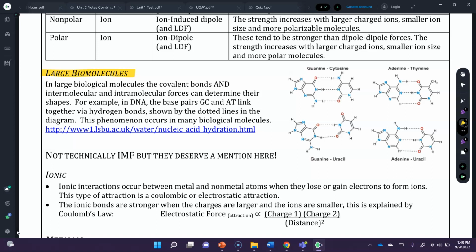This phenomenon occurs in many biological molecules. Proteins fold a good chunk of the time because of hydrogen bonding and intermolecular forces with the surroundings, like hydrophobic and hydrophilic, water-loving and water-afraid, interactions with the solutions they are in.